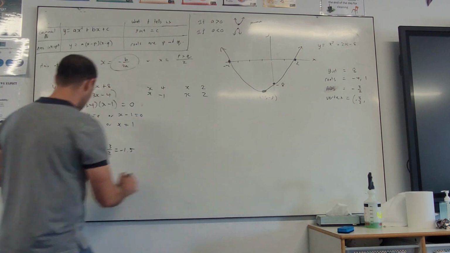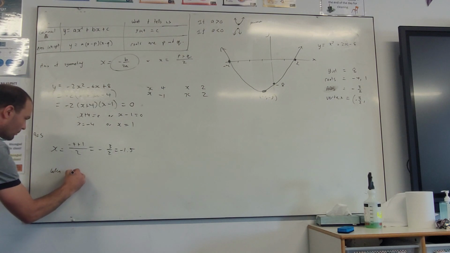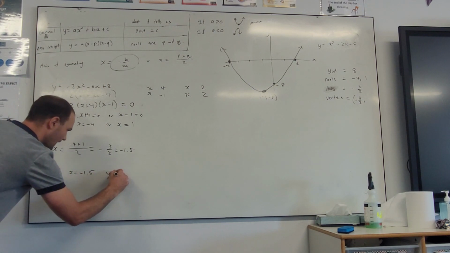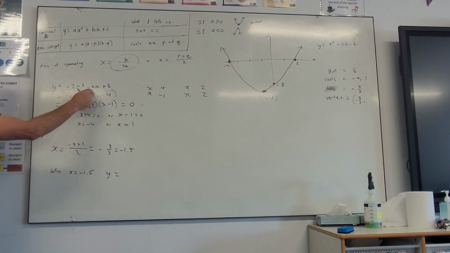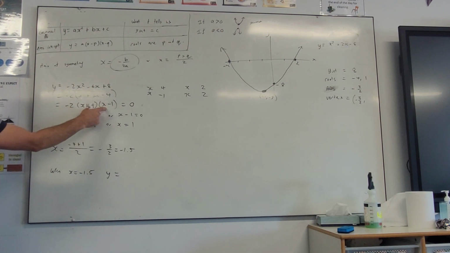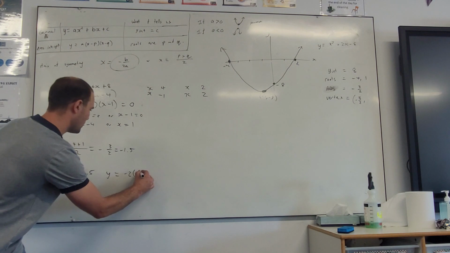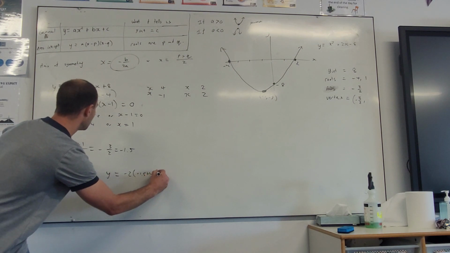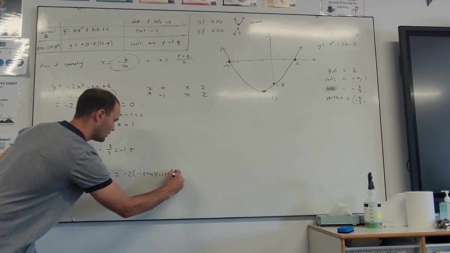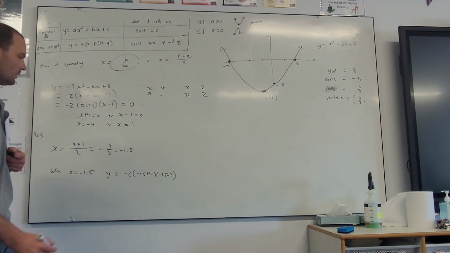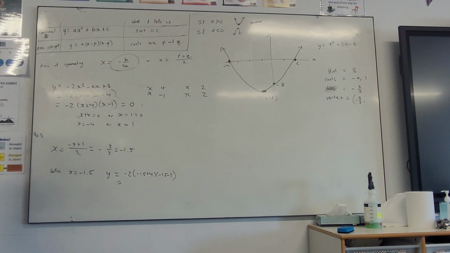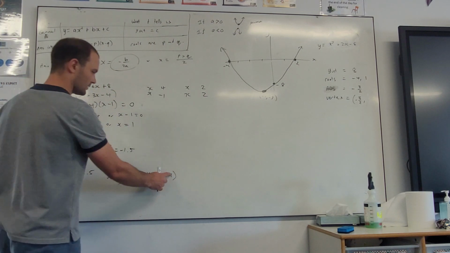When x is minus 1.5, y equals, and I'm putting minus 1.5 where the x is, in this form, just thinking that's a bit easier: -2 times (-1.5 plus 4) times (-1.5 take 1). You can evaluate that on your calculator, right? That's going to determine the y value.